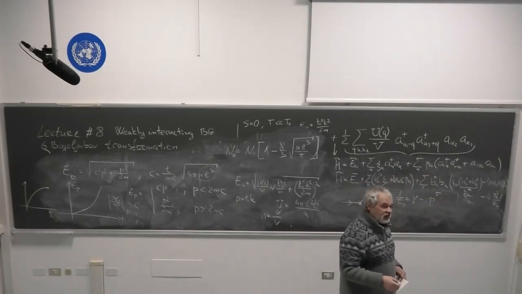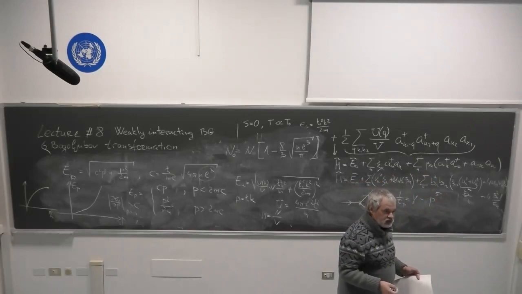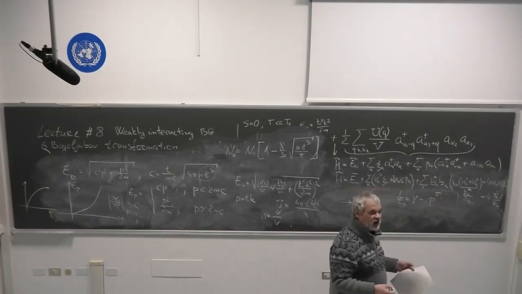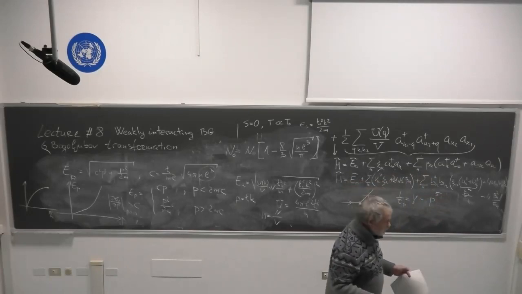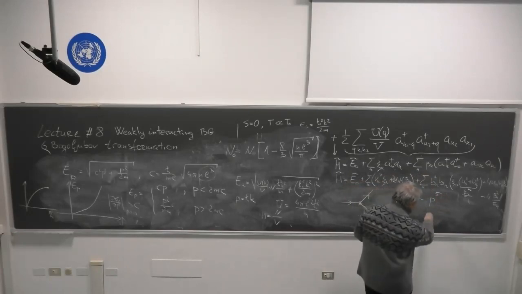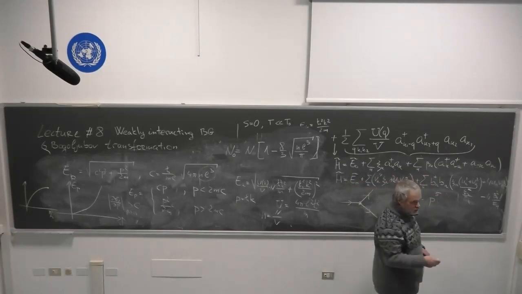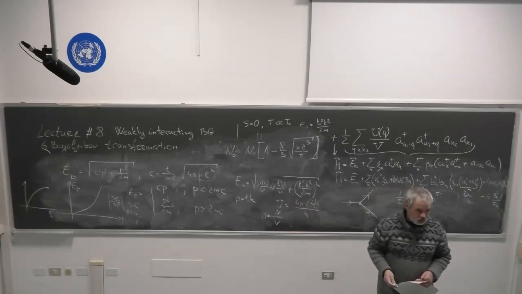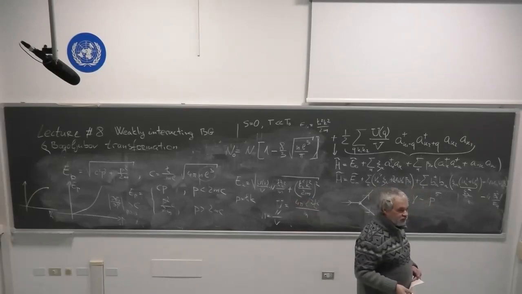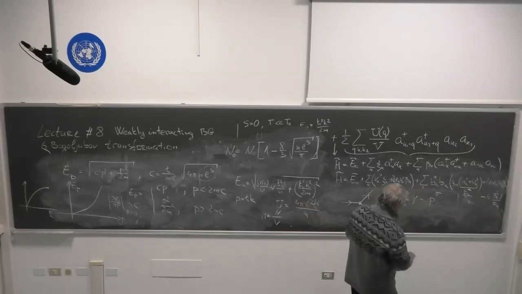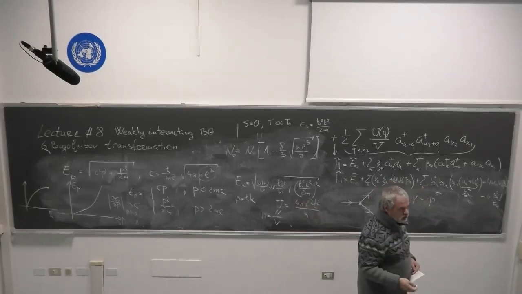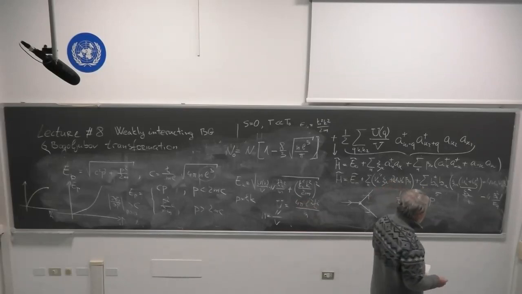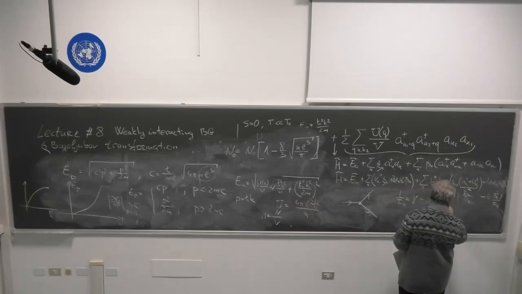So, even at 0 temperature, these quasi-particles possess finite lifetime. However, this is proportional to a much higher power of momentum than the spectrum, which is linear in p. And therefore, the quasi-particles are well defined. This calculation of the lifetime of phonons in a weakly interacting Bose gas is called Belyaev damping.